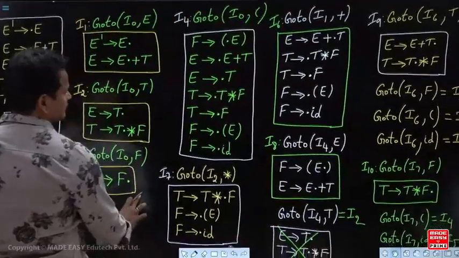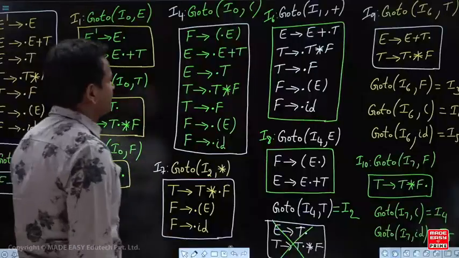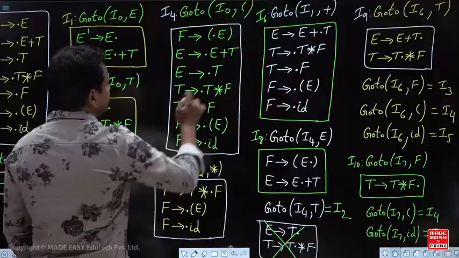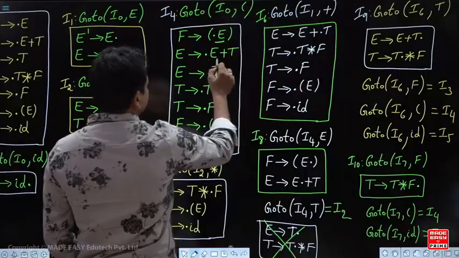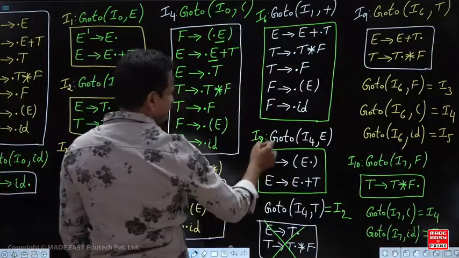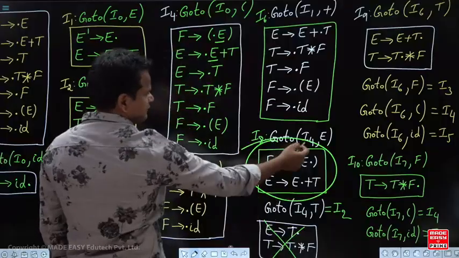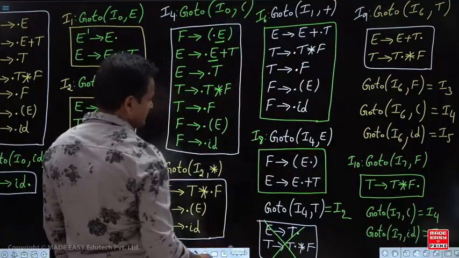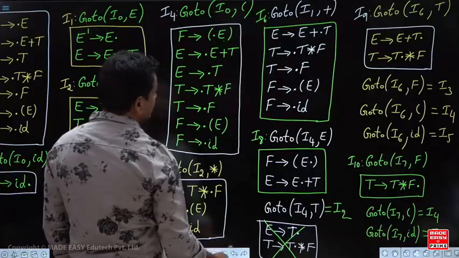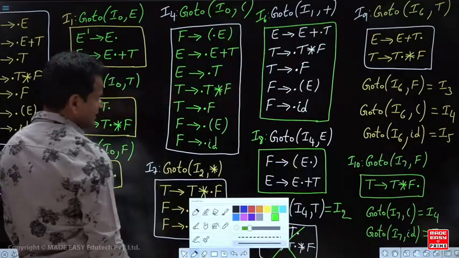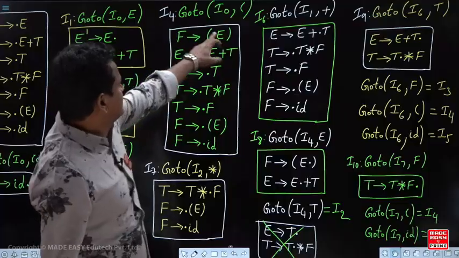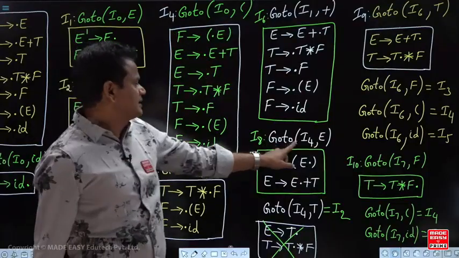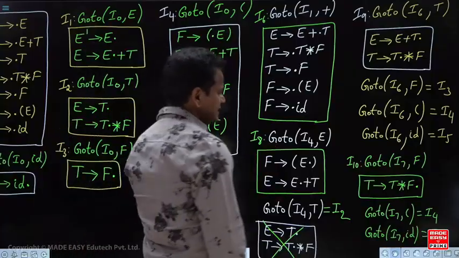This is I4. I4 comma E has gone to this state. What is the name of the state? I8. So I repeat: the name of this is I4, and these two are the same symbols, E. I4 comma E has gone to I8, and E is a non-terminal.